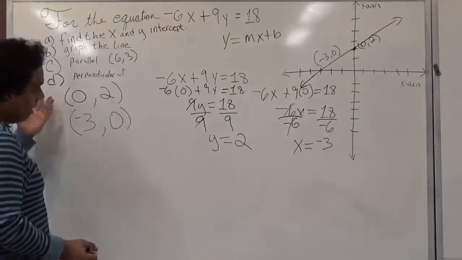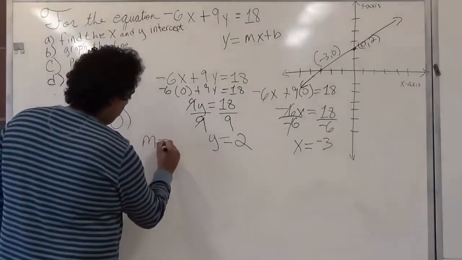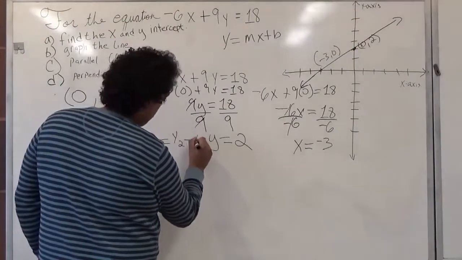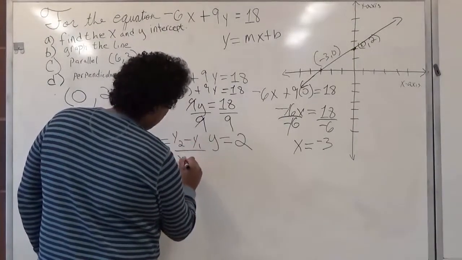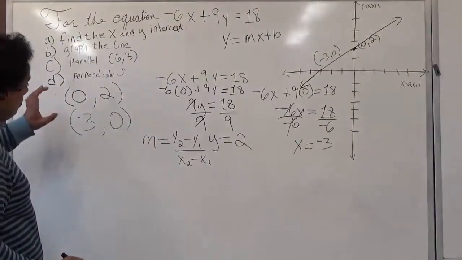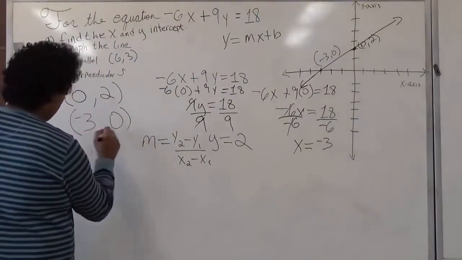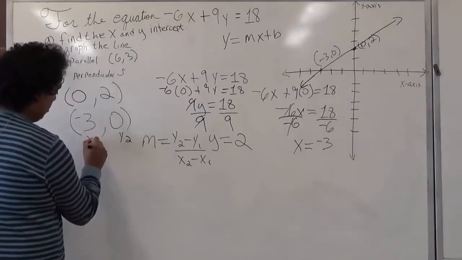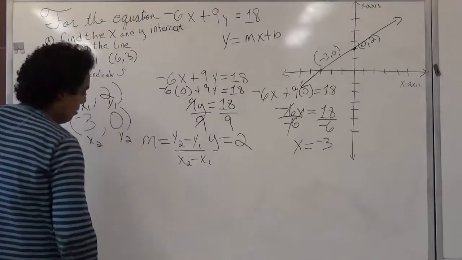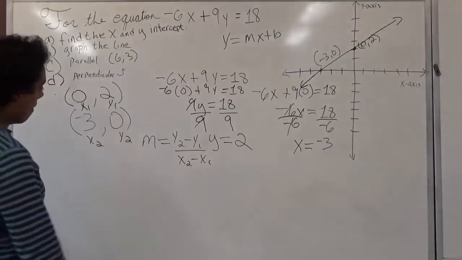Since we have 2 points, I'm going to go with that one, which is m equal to y2 minus y1 over x2 minus x1. So I'm going to declare this y2 and x2, and this x1 and y1.